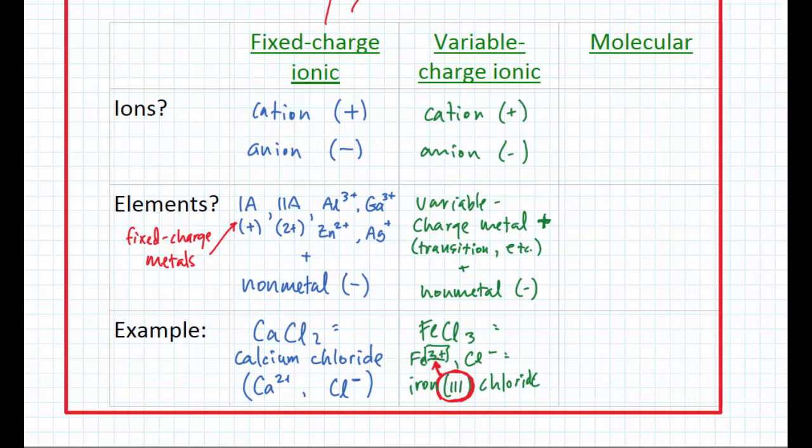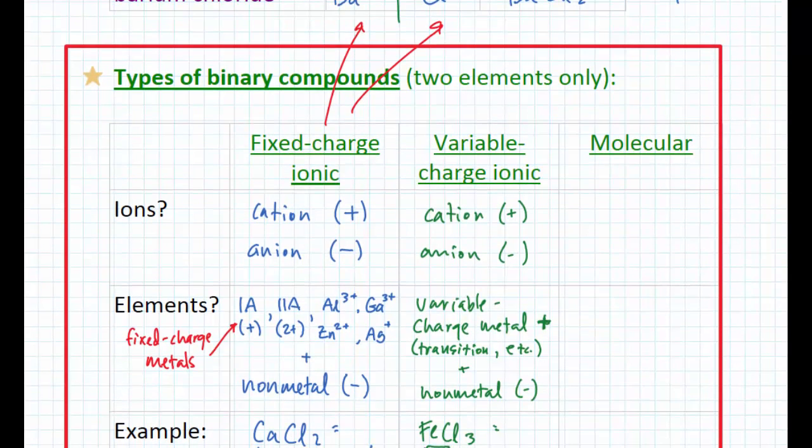That's right. There's a good place to write that. How about right here? Ionic. The difference is which metal we're talking about. Is it a fixed charge metal or is it a variable charge metal?